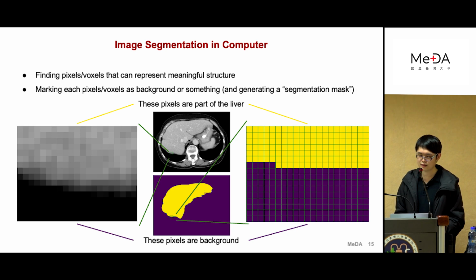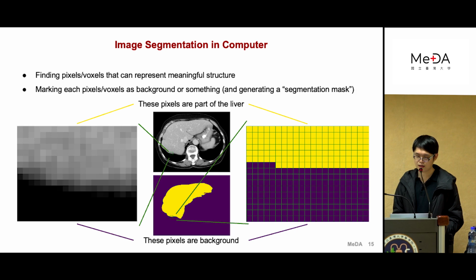In this example, this small part should be liver, so we want to mark these pixels as liver, like marking them as 1. And we want to mark the other part, the background, as 0.